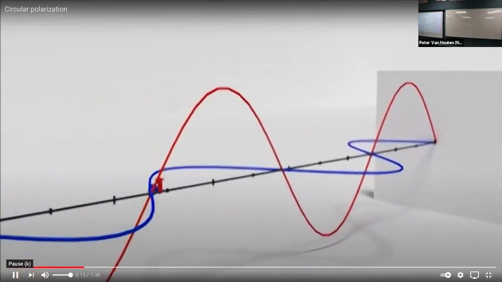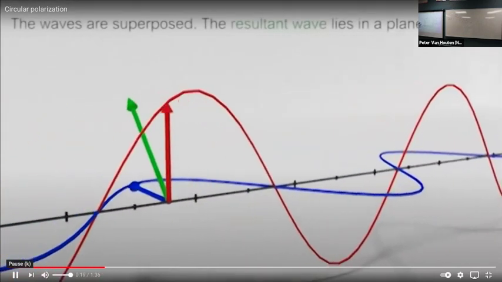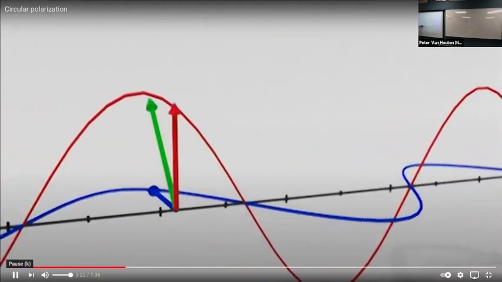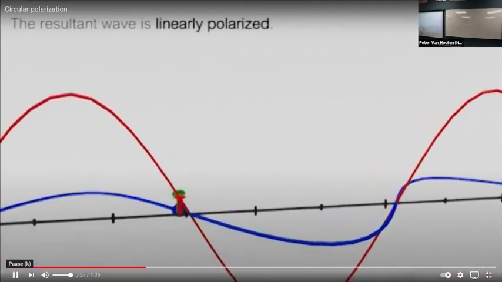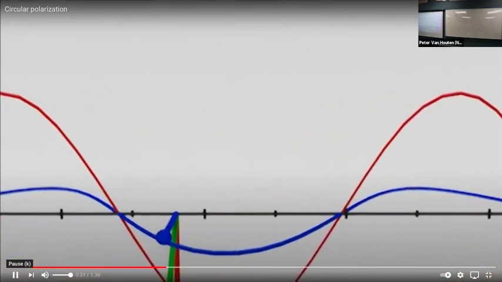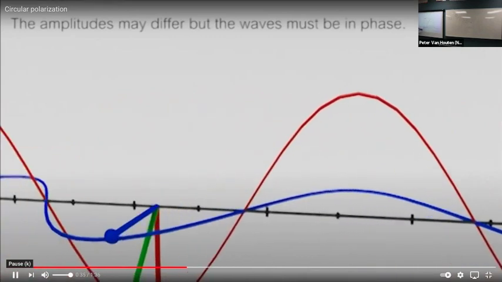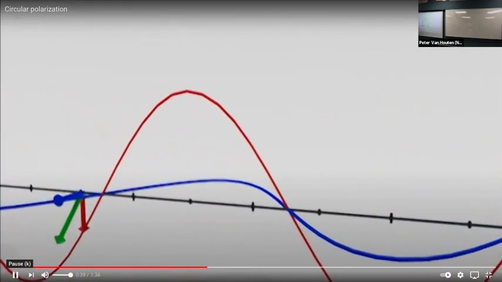So what you get is, you see the linear polarization resultant is the green one, the green vector. That is the addition of the two different linear waves, one horizontally and the other vertically polarized. And this green one is not changing direction.